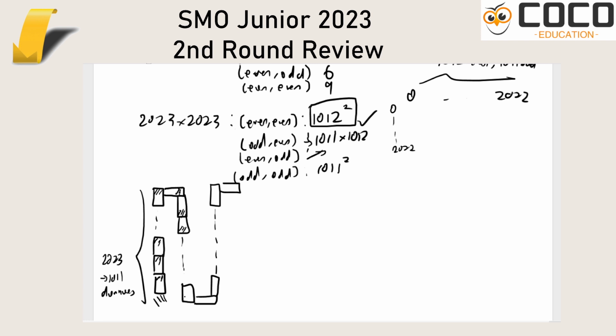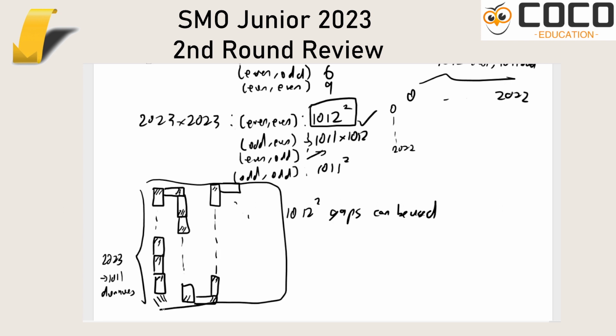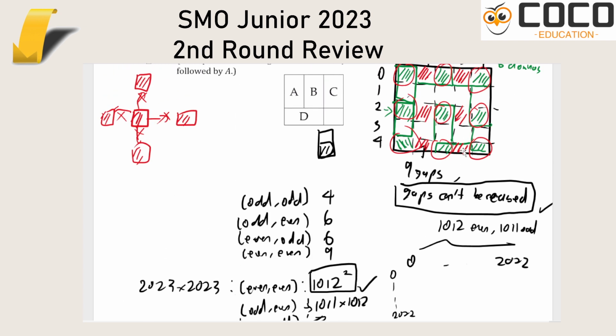And so we are fine. It is going to still cover all this 1012 squared we mentioned. So it can be done using this snake pattern. And the number of moves, therefore, because you started off with one gap already, is 1012 squared minus 1, just like the 3 squared minus 1 just now.